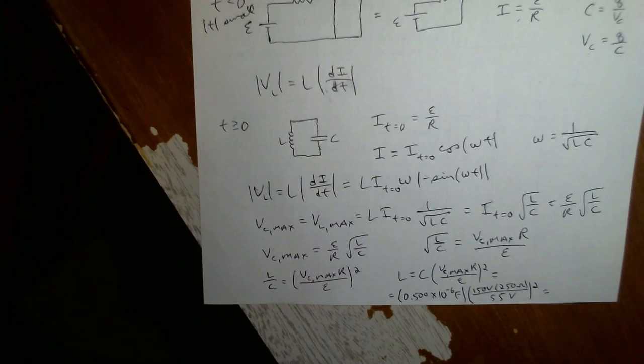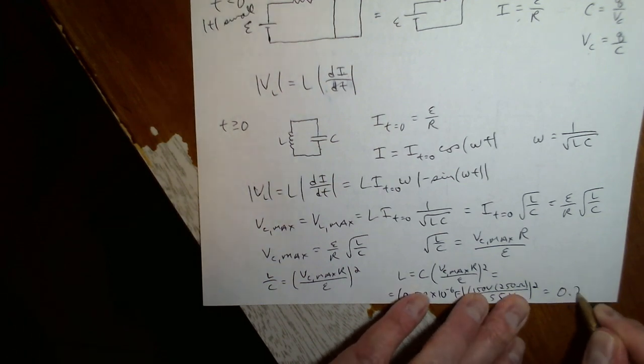And that's squared, and I'll pause to calculate. And that comes out to be 0.232 henries.